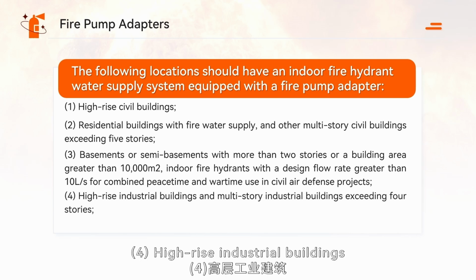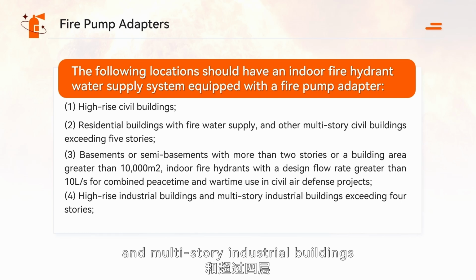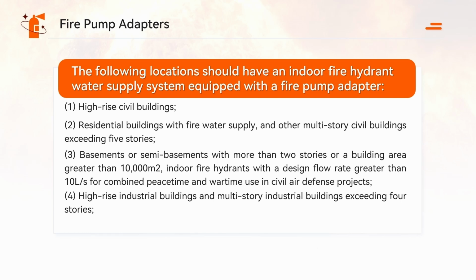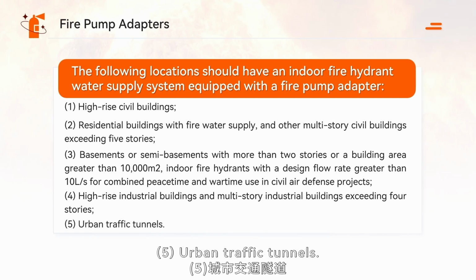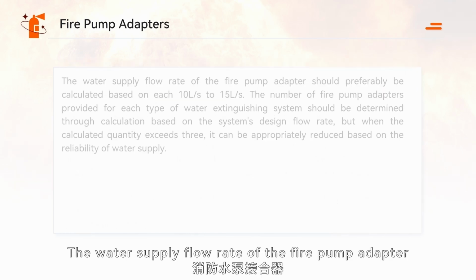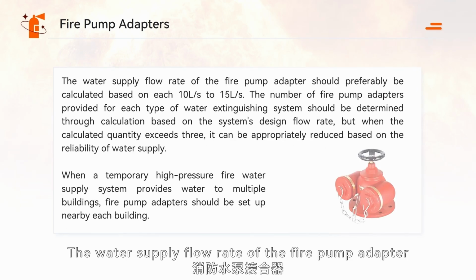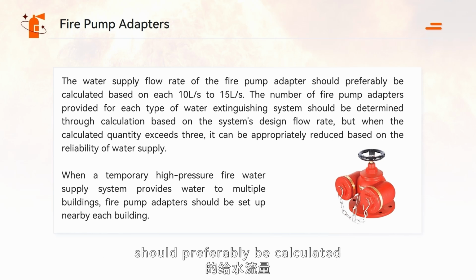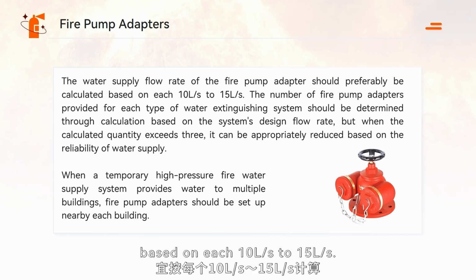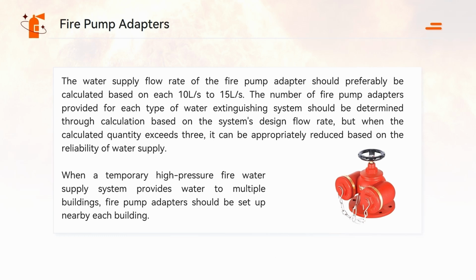High-rise industrial buildings and multi-story industrial buildings exceeding 4 stories. 5. Urban traffic tunnels. The water supply flow rate of the fire pump adapter should preferably be calculated based on each 10 liters per second to 15 liters per second.